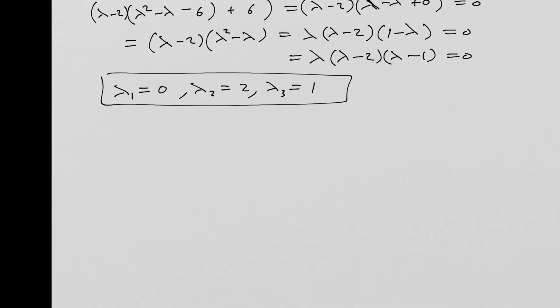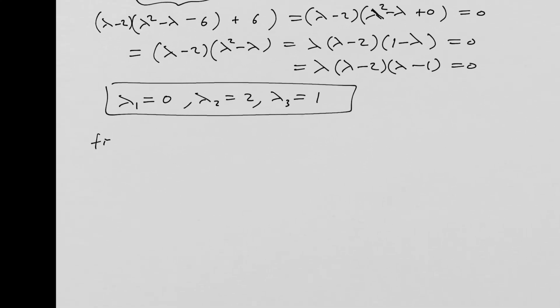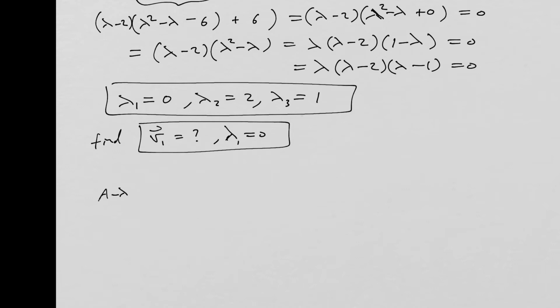The next thing we can do now is find v1, which is going to be associated with lambda 1 equal to 0. For this, it's going to be fairly straightforward: we're going to solve A minus lambda 1 I times v1 equal to the 0 vector, which reduces to a very simple A times v1 equals 0.